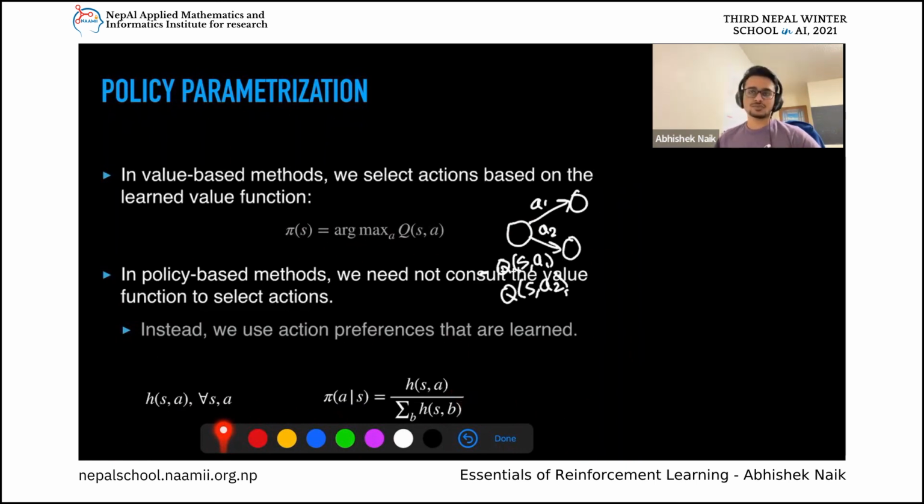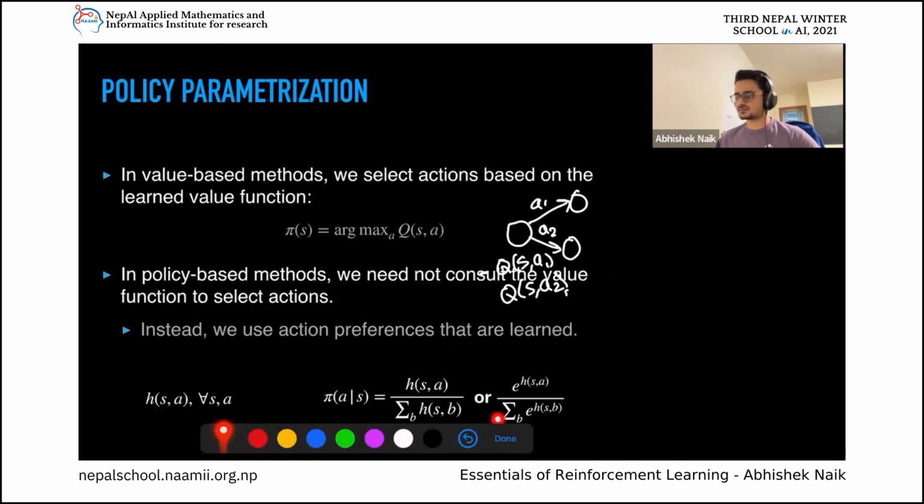Do you see any problems with this? Well, the most obvious one is, what if this denominator is 0? When can the denominator be 0? When these preferences are some positive, some negative, or maybe all of them are 0, or things like that. To avoid that, we can take the exponential function on both sides, numerator and denominator.